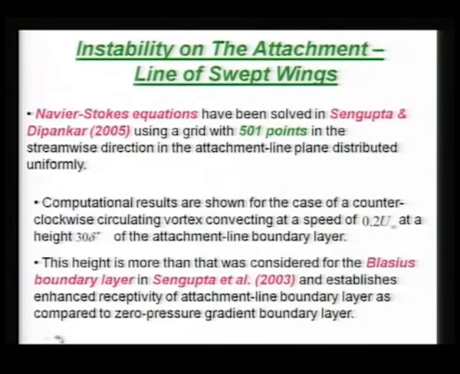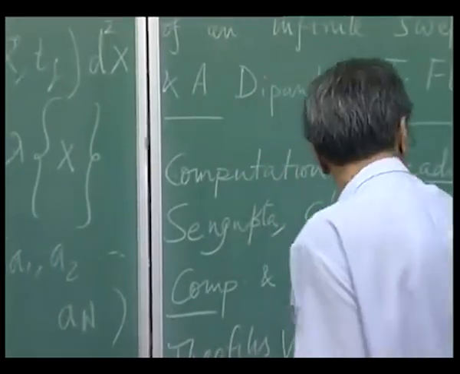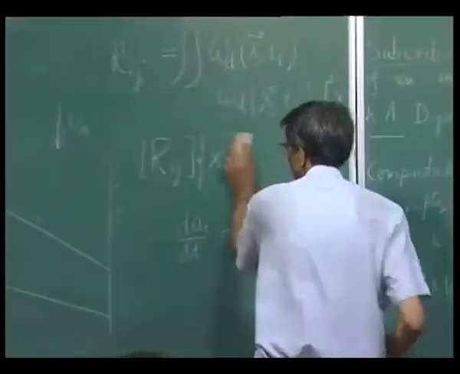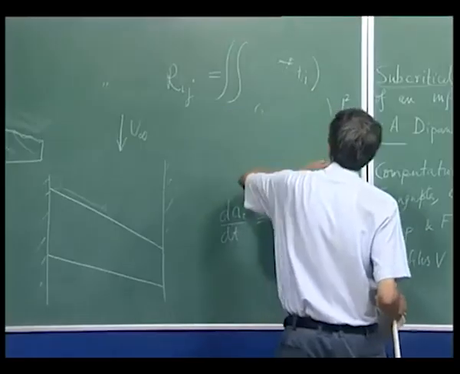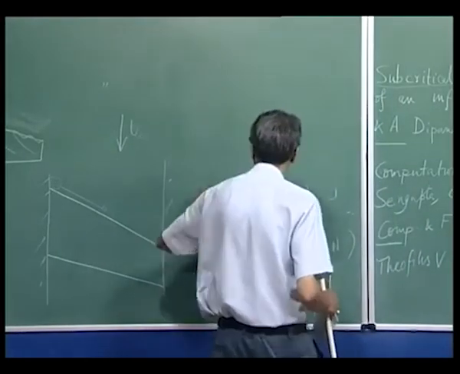Okay. What we do here is basically again we take a two-dimensional plane. So, the computational geometry is going to be exactly the same that we have done for the earlier cases.